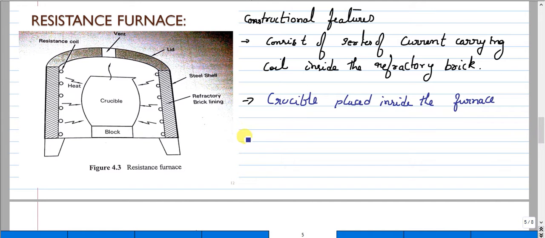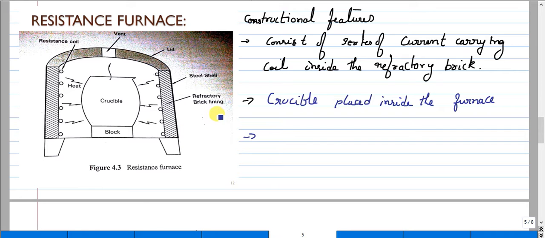So this is a second construction feature. Inside this crucible you will be having ingots or the charge or the melt scrap, any metal scrap or raw material. If you want to melt, you can place it inside this crucible.